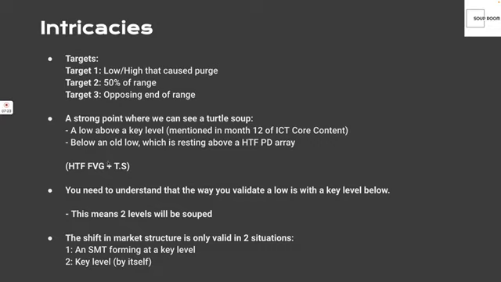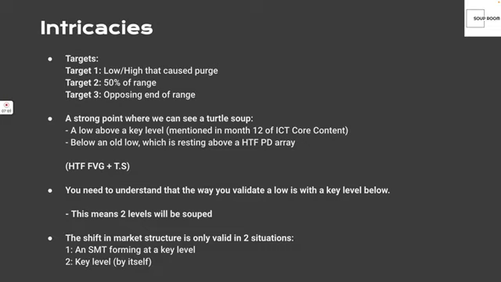Higher time frame FVG plus a lower time frame turtle soup. This is what I mentioned in the previous slides. You need to understand that the way you validate a low is with a key level below it or above it. This means 2 levels will be souped, both levels of which should be drawn on your chart.